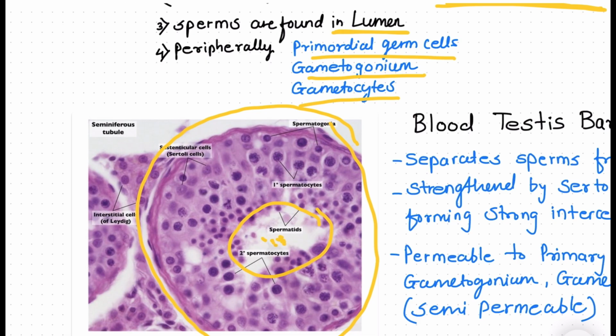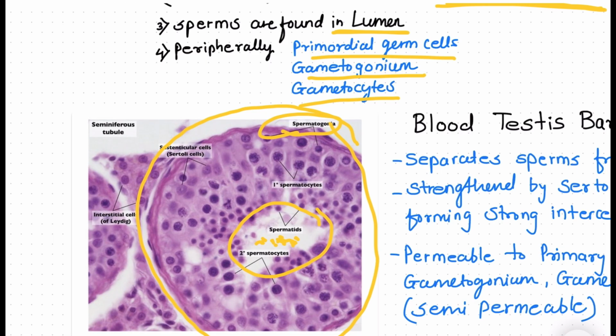They are produced from the primordial germ cells, the stem cells, in a step-by-step process, forming spermatogonia and then gametocytes. We are not going to discuss the timeline of spermatogenesis here. I am just giving you an idea about the cells of spermatogenesis.